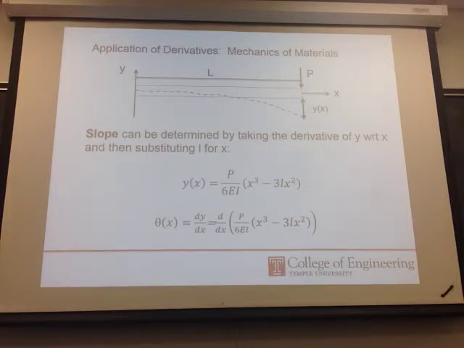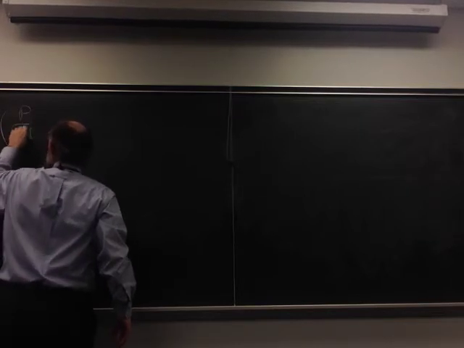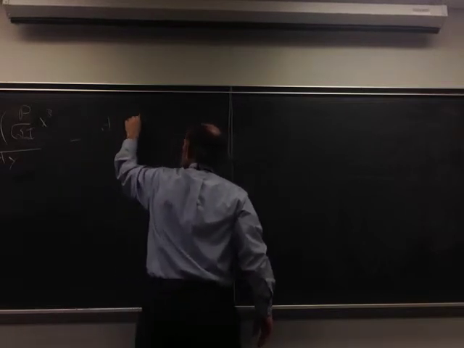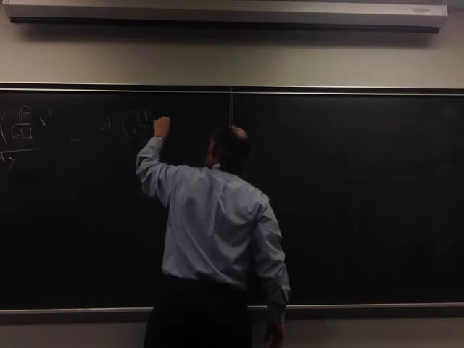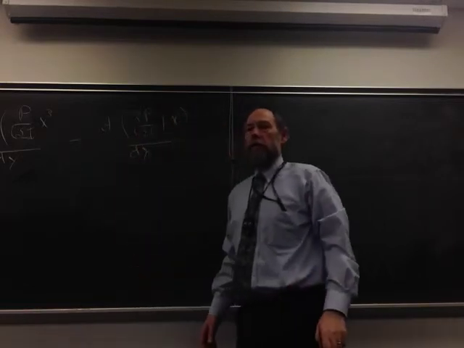No. So when you take a derivative like this, the derivative of that is equal to the derivative of P over 6EI x cubed with respect to x, minus the derivative of 3P over 6EI L x squared with respect to x.